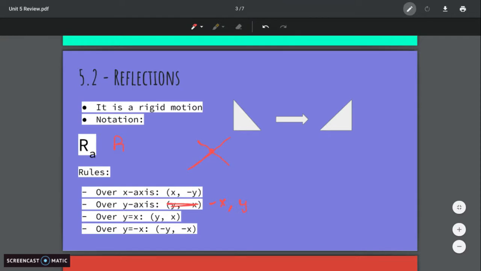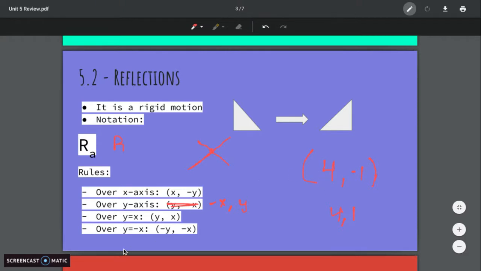And so let's say you need to reflect the point 4, negative 1 over the X-axis. So the Y goes negative. If it's already negative, then it becomes positive. So it would be 4, 1.